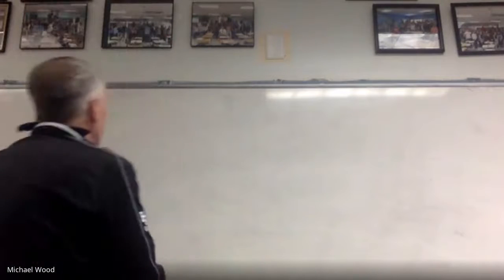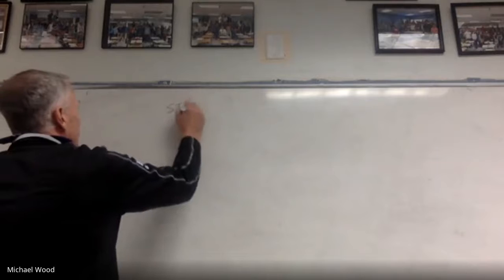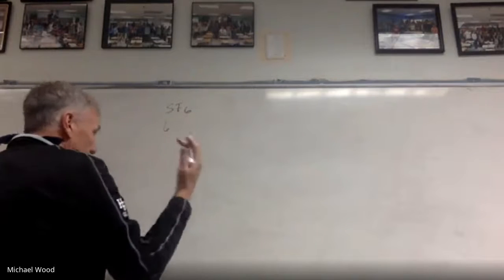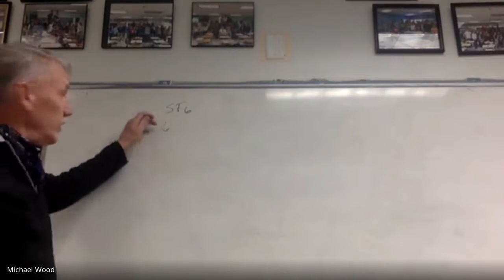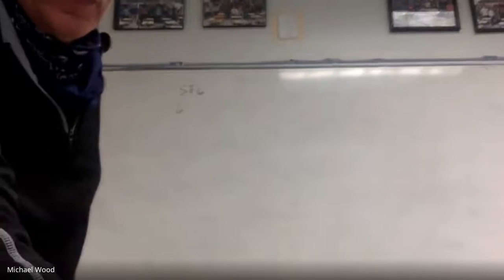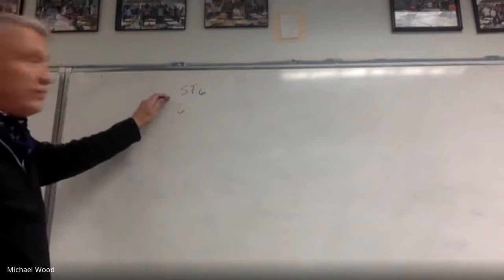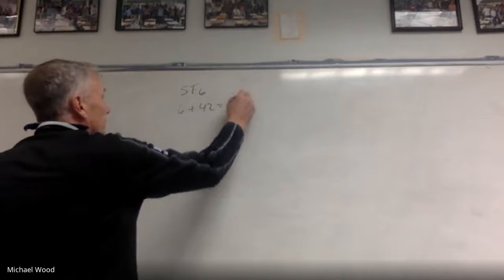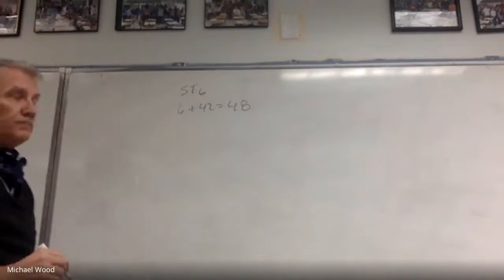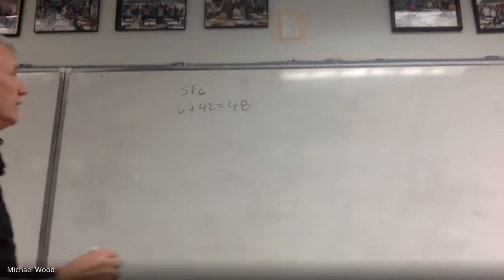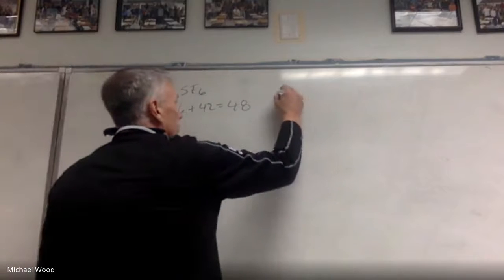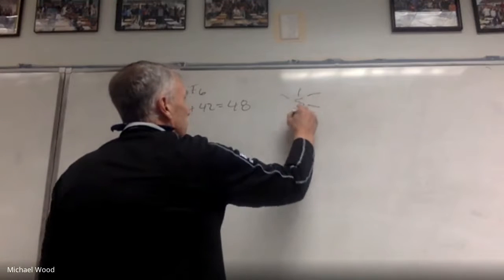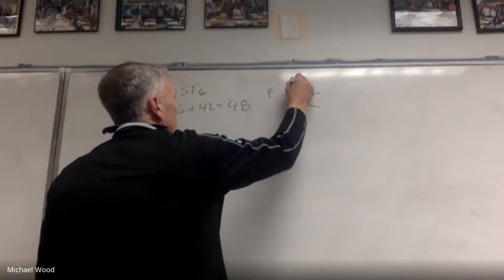Okay, so if I'm going to do SF6, again, I'm going to count the valence electrons. So sulfur has 6, and fluorine is 7 times 6 is 42. So I get 48 total dots. I'll put the sulfur in the middle and the fluorines around it.